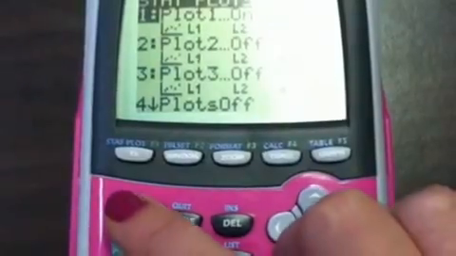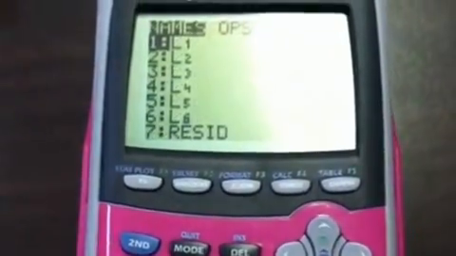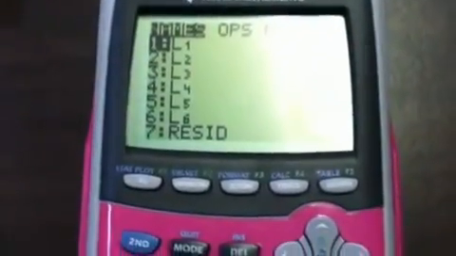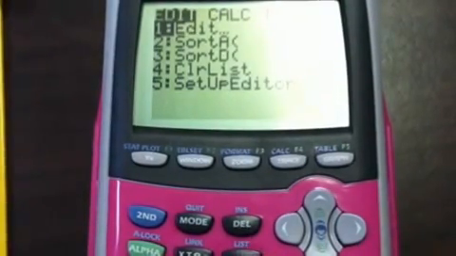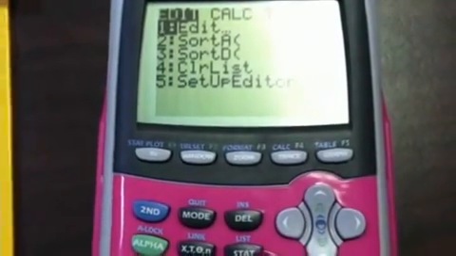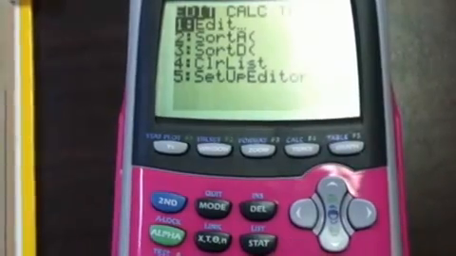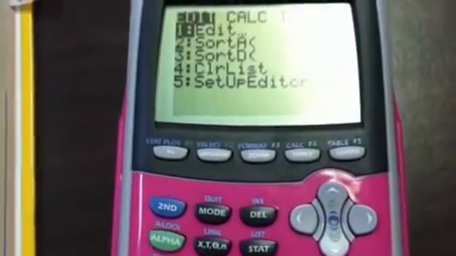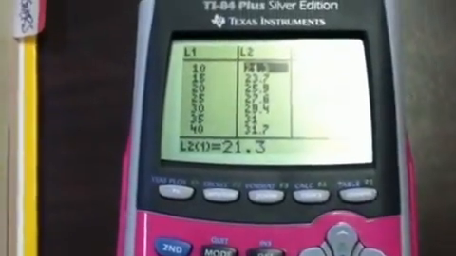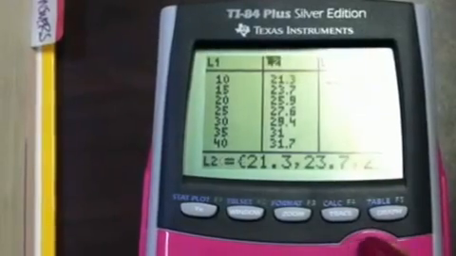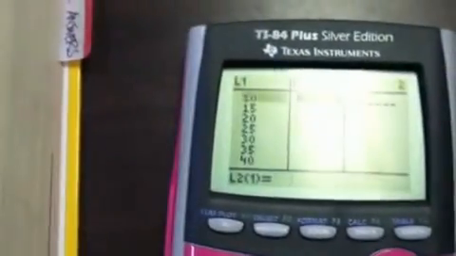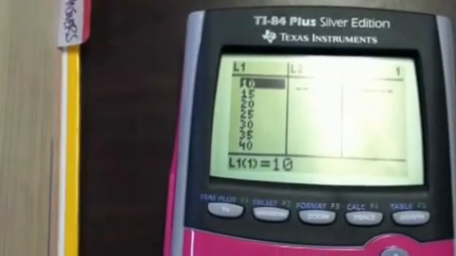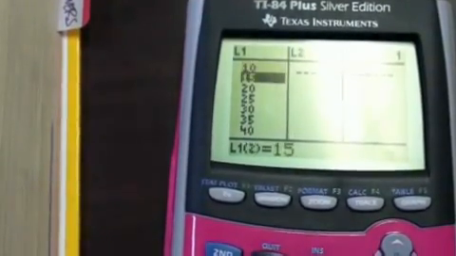I have a list from another practice problem we did in class today, so I'm going to have to change this. Once I go to stat, I'm going to hit 1, enter for edit. As you see, I already have some data in here from the last problem, so I'm going to clear this out. Just hit clear, enter, go over here, clear, and enter.